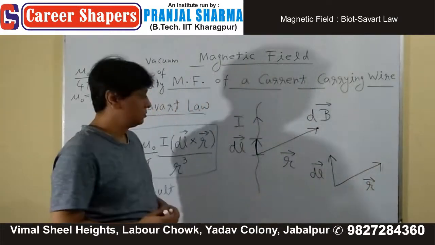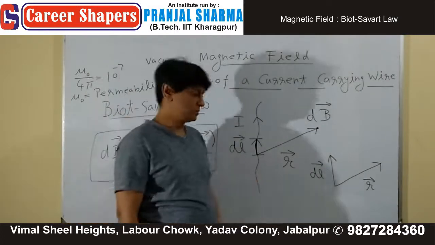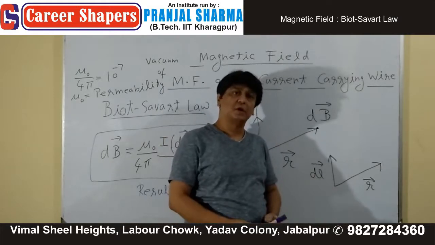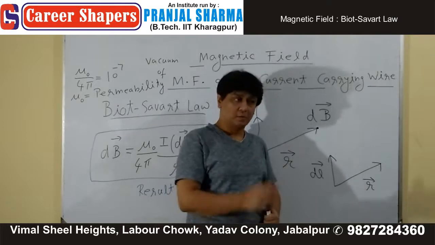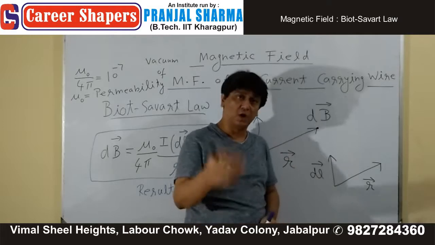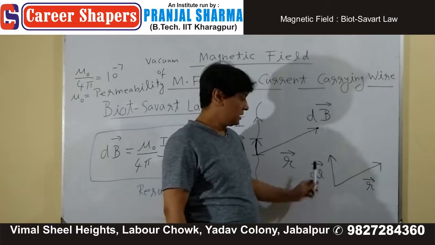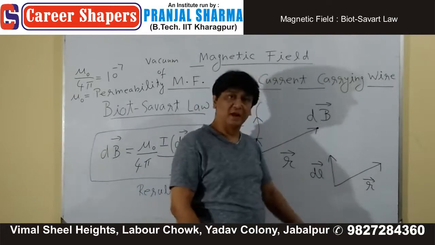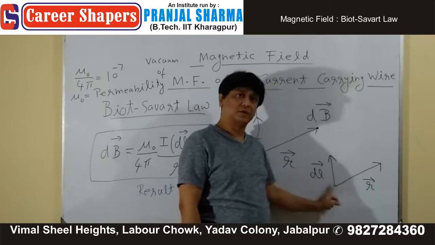Whenever they ask you the cross product of two vectors, the direction of that cross product is always perpendicular, which most of you said initially. But perpendicular to what? That's what matters. The cross product is perpendicular to the plane in which both vectors are present.